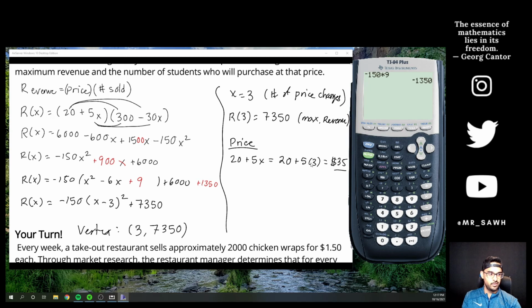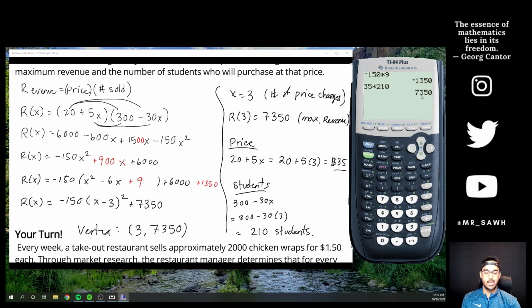Okay, 20 plus 15. The number of students willing to pay is represented by 300 minus 30x. In other words, it's 300 minus 30 times 3, which works out to be 210 students. Okay, so the maximum amount of money here is generated when you do $35 multiplied by 210.